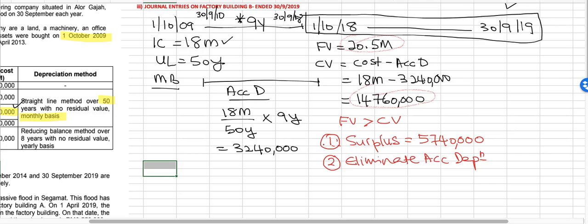These are the two things you have to remember whenever there is a revaluation: you recognize the surplus or deficit and you eliminate accumulated depreciation.